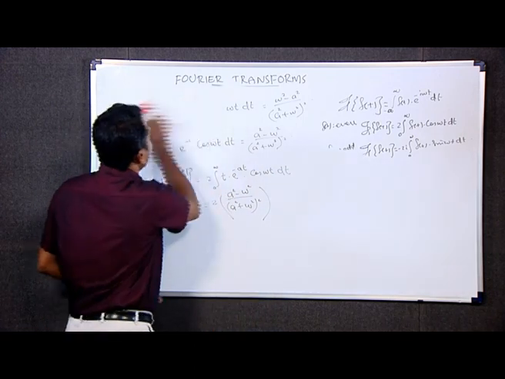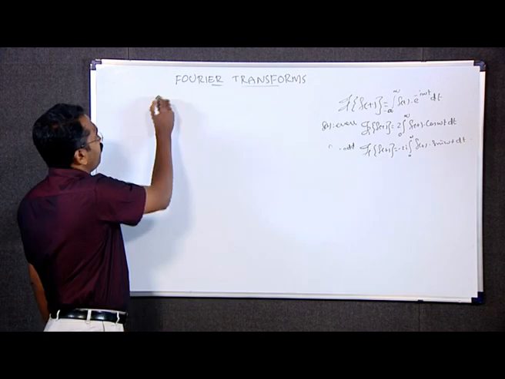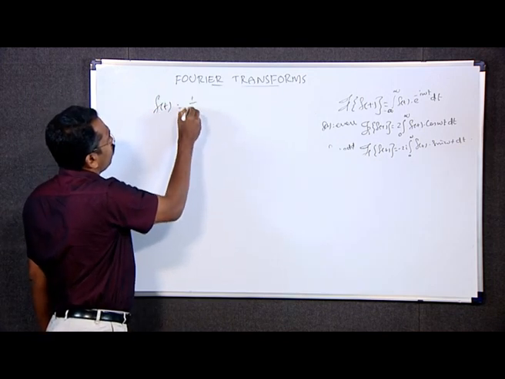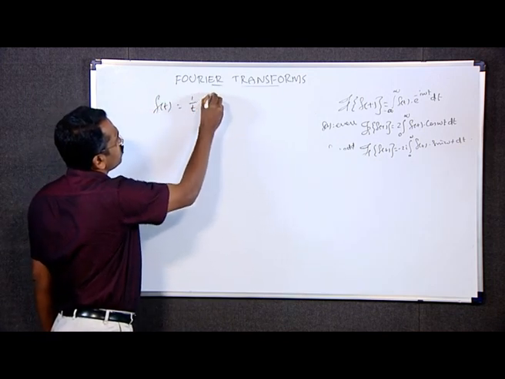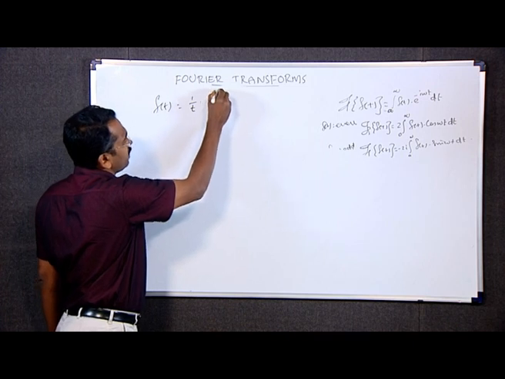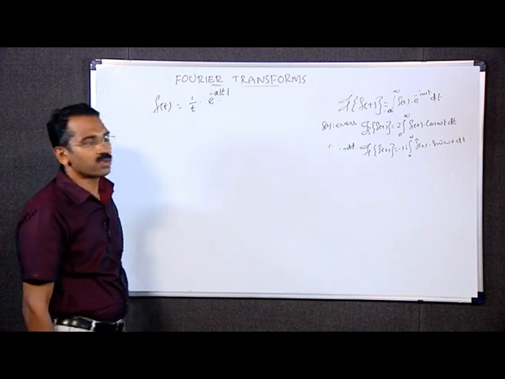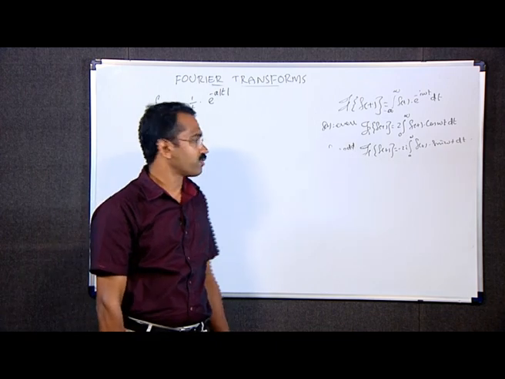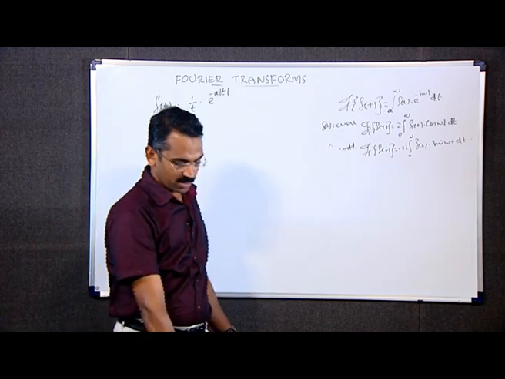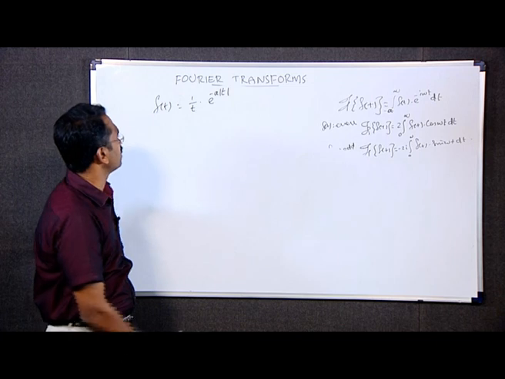Now consider another function f of t equal to 1 by t into e raised to minus a into mod t. We want to find the Fourier transform of this function.